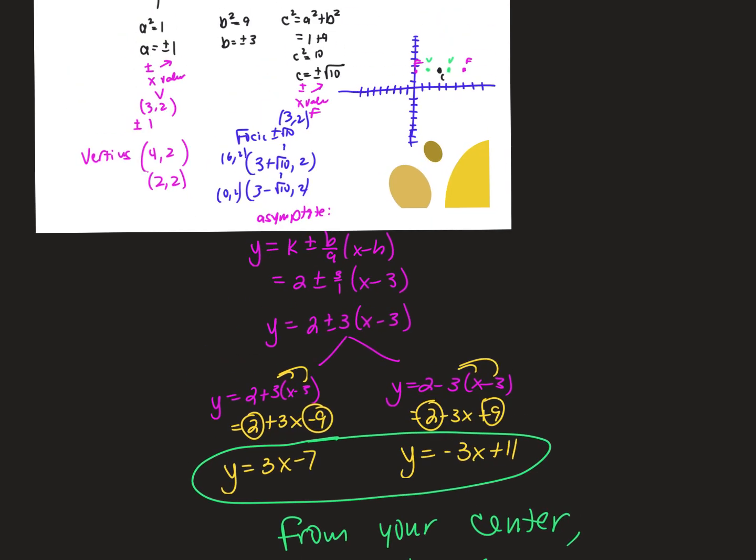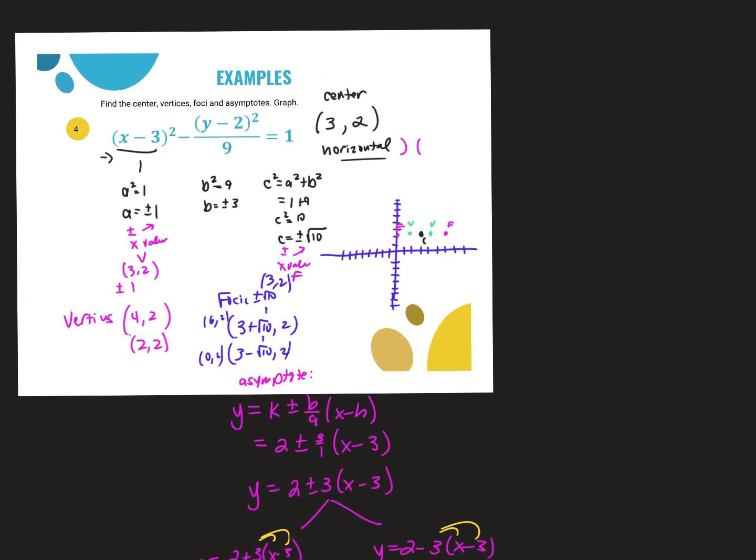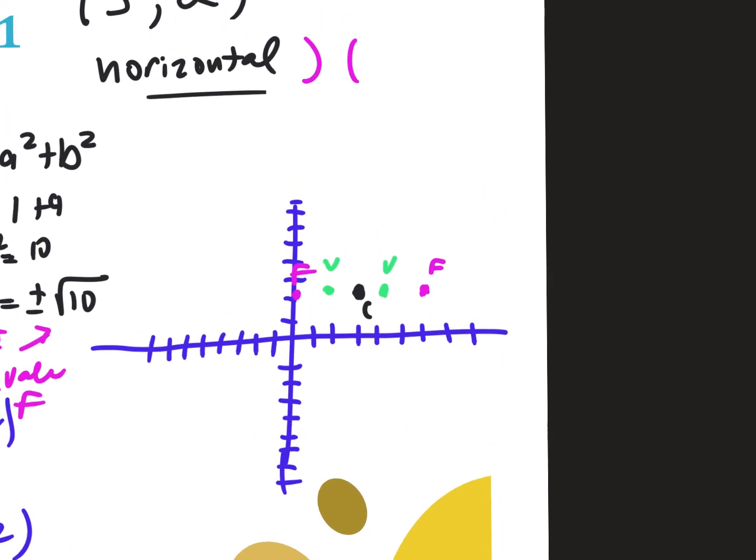We've already moved our center over 3, up 2, so from my center I'm going to go up 3, over 1, down 3, over 1. Here's one of my asymptotes. Then I'm going to do the same thing with the negative: up 3 and over 1, down 3 and over 1.